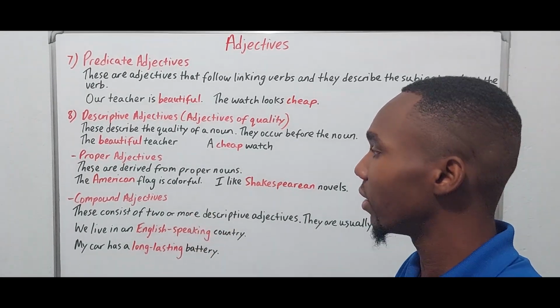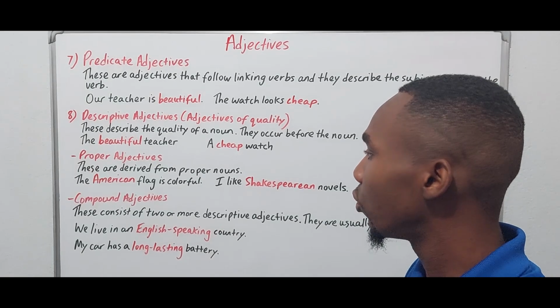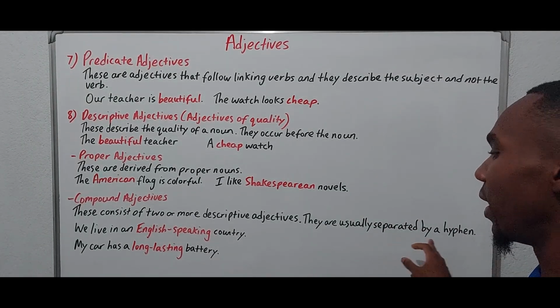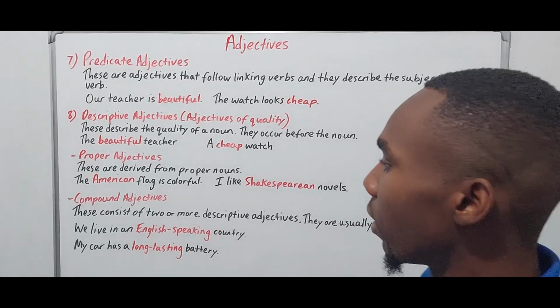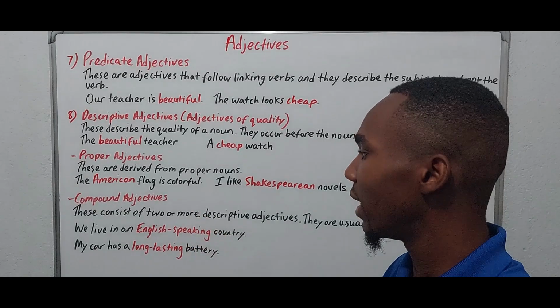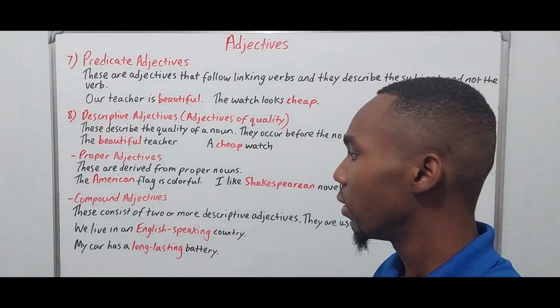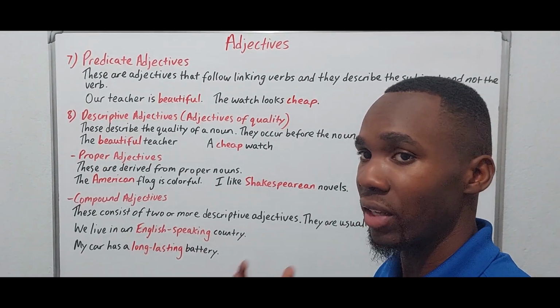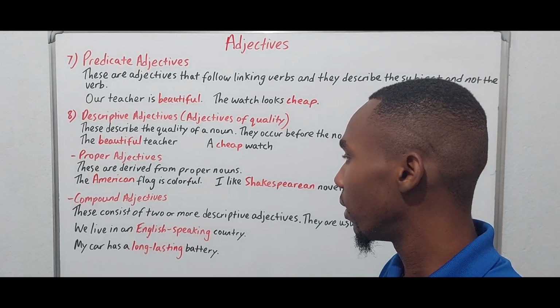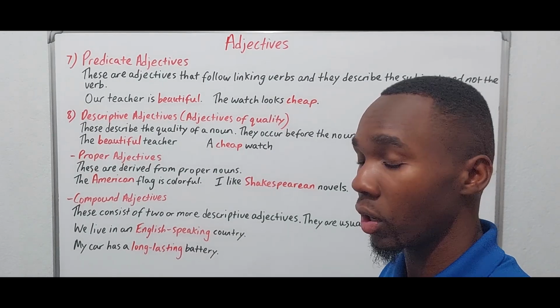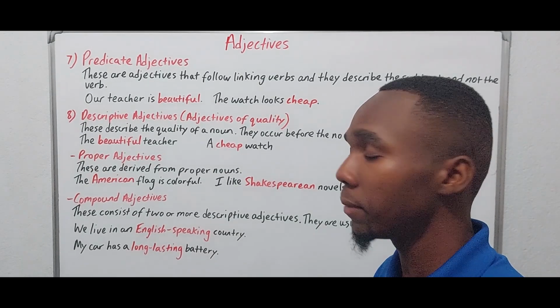And compound adjectives. These consist of two or more descriptive adjectives. They are usually separated by a hyphen. We live in an English-speaking country. So you see, those are two adjectives that are combined by a hyphen, right?